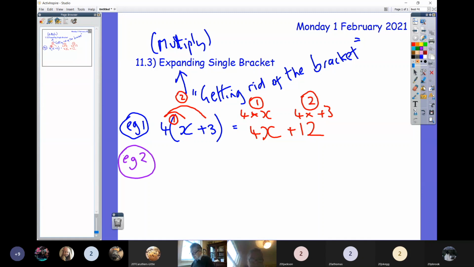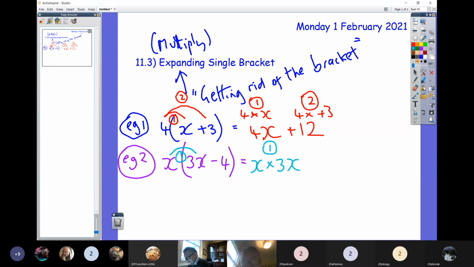We might have x bracket 3x minus 4. So again, claw number 1 in light blue. For that claw number 1, we are doing whatever x times 3x is. Now remember, we've done some practice of these.